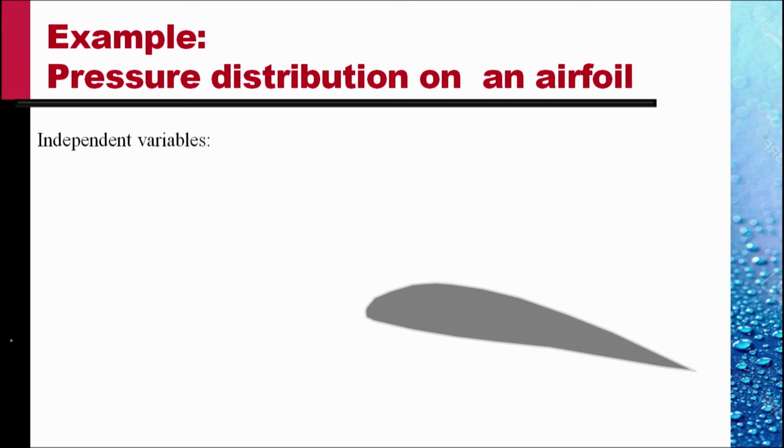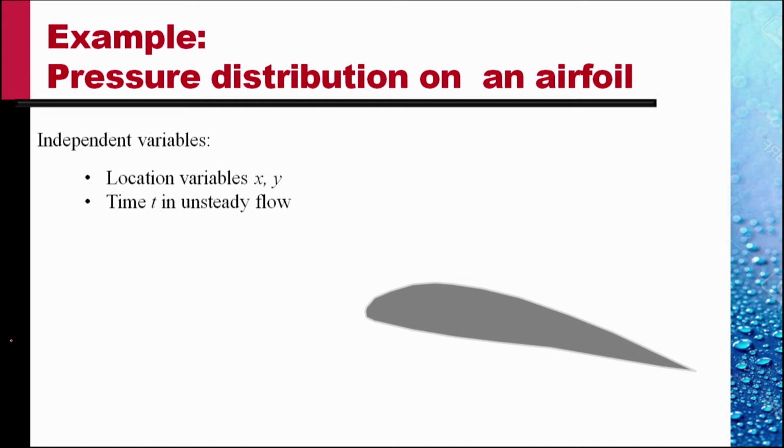Now let's look at independent variables. We're interested in pressure distribution. So the location of the point along the surface is an independent variable, location x, y of the point along the surface of the airfoil.